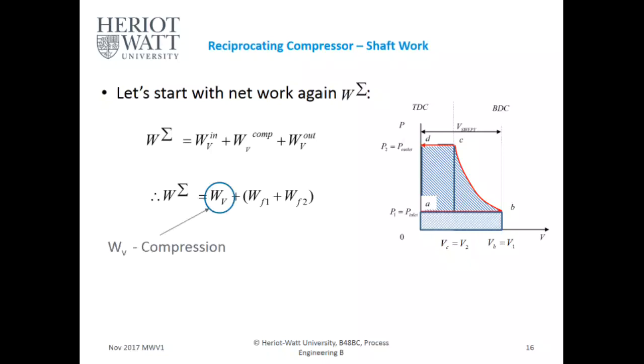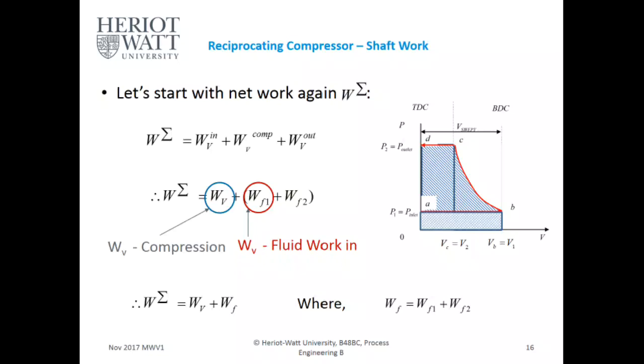In this case, the volume work is your compression. F1 is the fluid work in, and F2 is the fluid work out. Hence, the total work equals volume work plus fluid work. Remember, total fluid work is F1 plus F2.